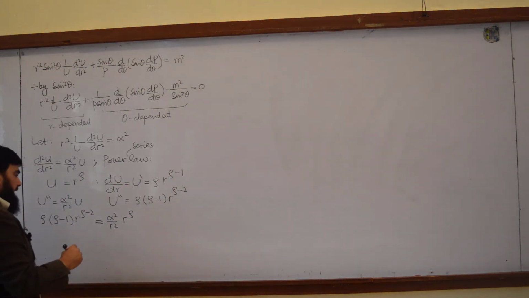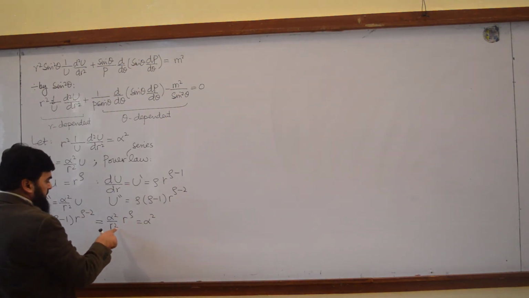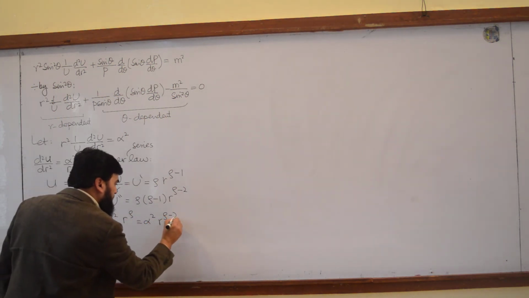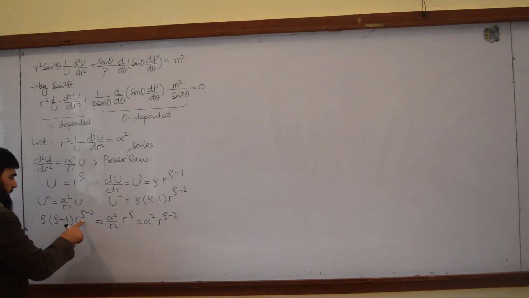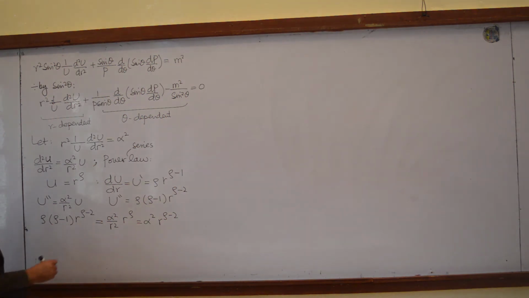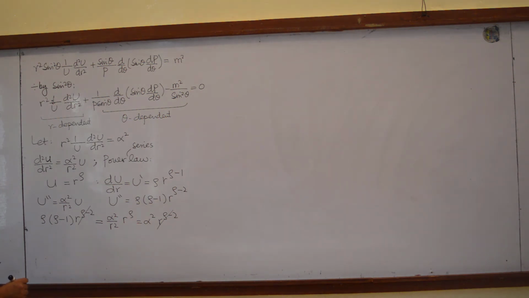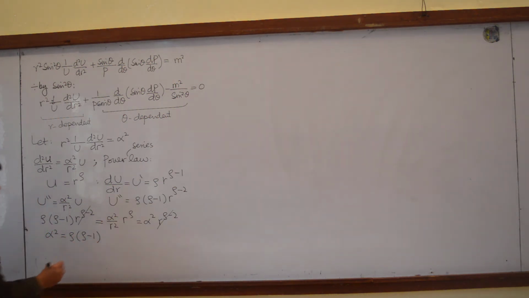Now I can write this as alpha square, and this minus 2 will come up, so r to the power rho minus 2. Now here r to the power rho minus 2, and here r to the power rho minus 2, so these two are cancelling, and I am having that alpha square is equal to rho into rho minus 1.